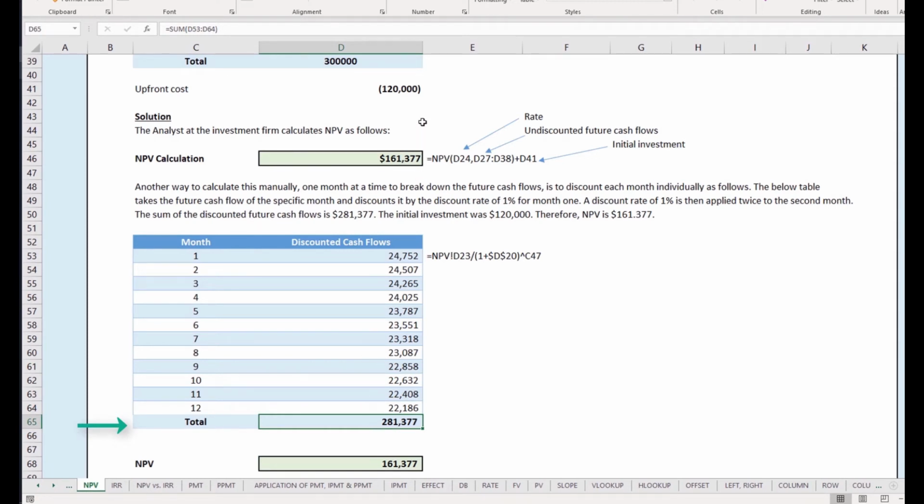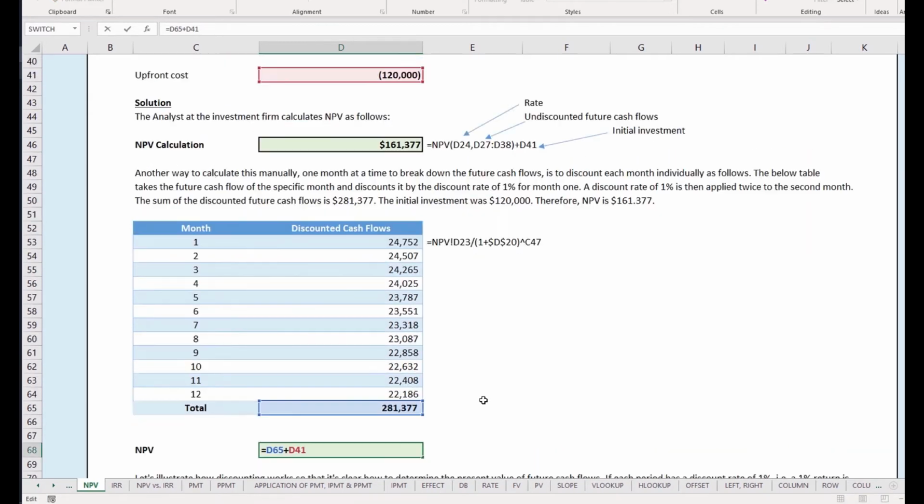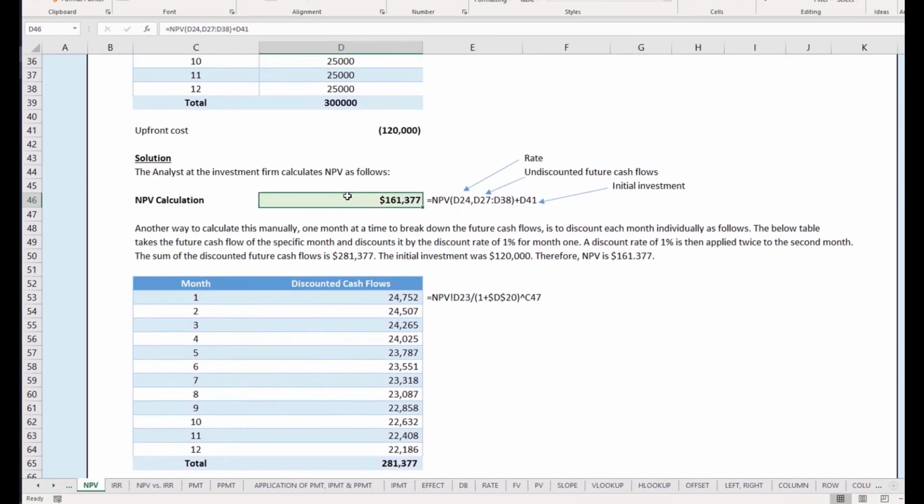And when we add that to the $120,000 of upfront cost, then we arrive at the $161,377 of net present value, which matches the NPV that we previously calculated using the Excel formula for NPV.